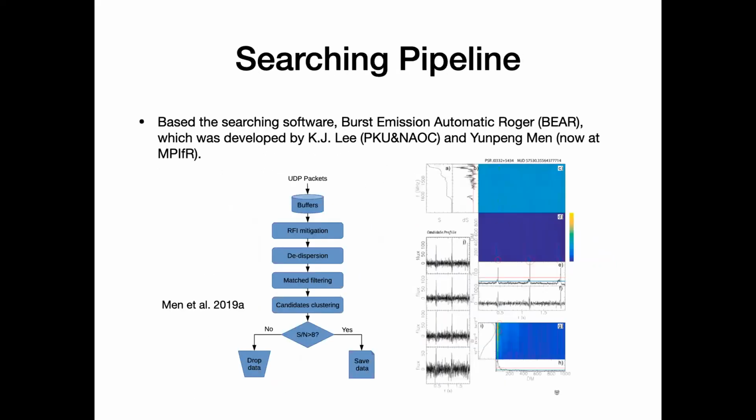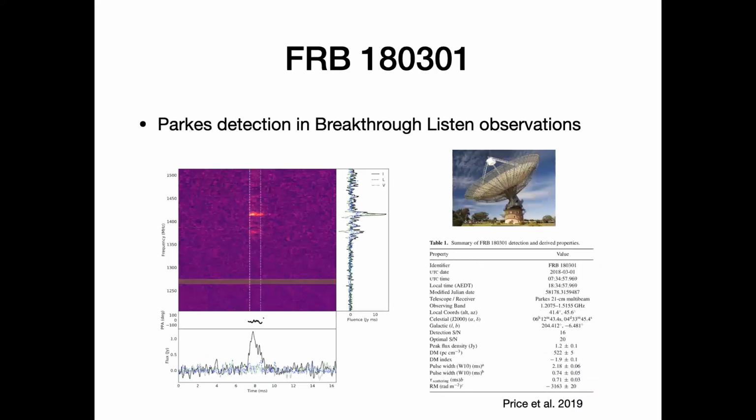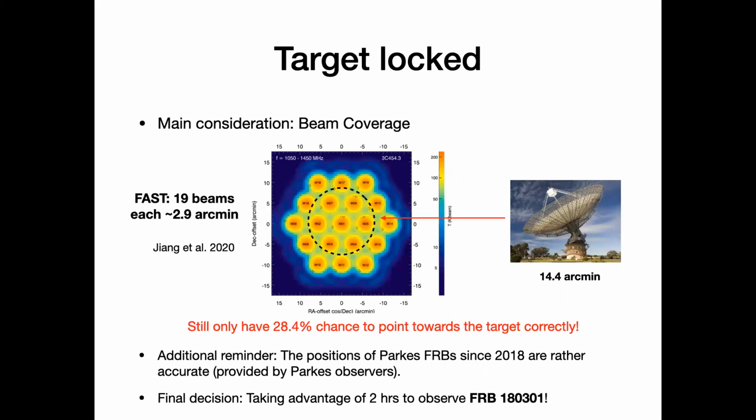However, there are many things we have to consider. The basic factor is beam coverage. FAST has a 19 beam receiver and each beam is about 3 arcminutes, but the beam size of other telescopes is different.